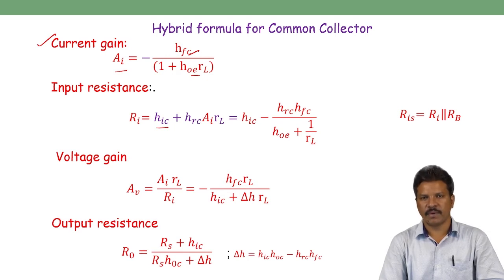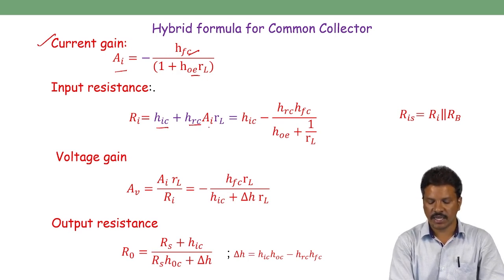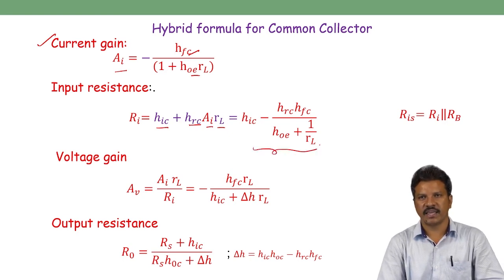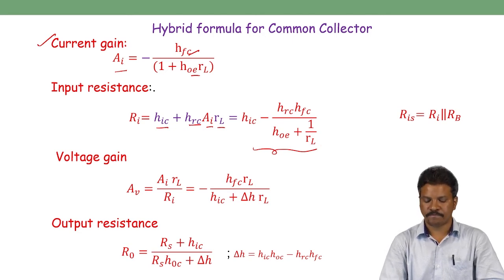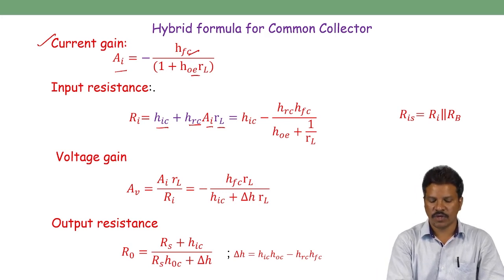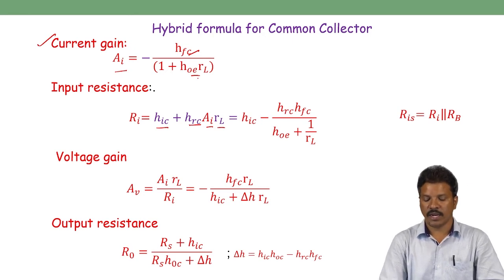So HIC in common collector, and HRC, the current gain, into RL. This is also represented as HIC minus HRC HFC divided by HOC plus 1 by RL. By substituting the current gain formula, minus HFC, and 1 by HOC, you can get HIC minus HRC HFC divided by HOC plus RL.